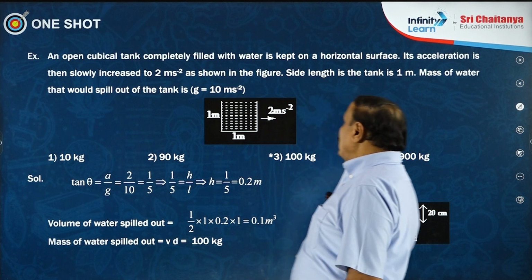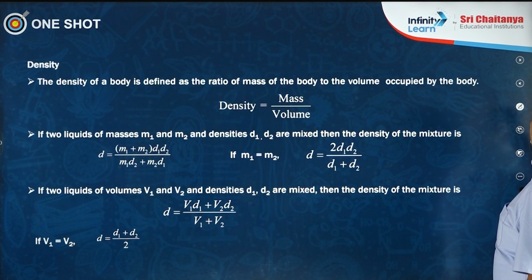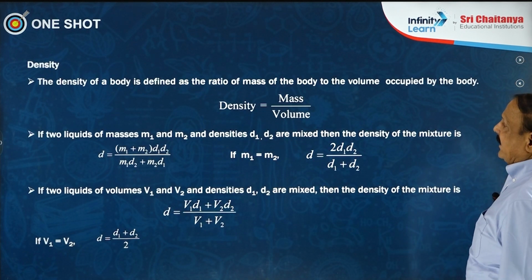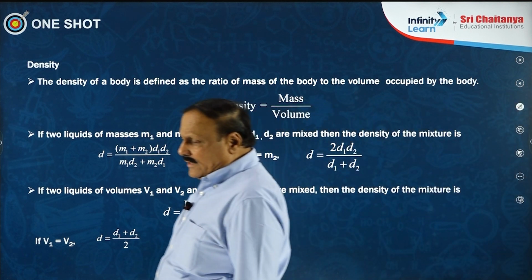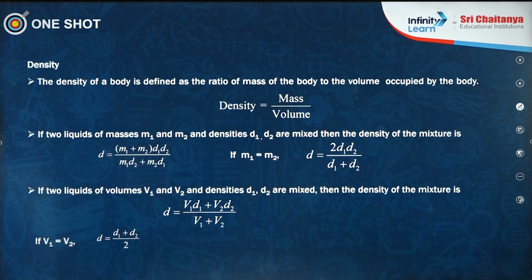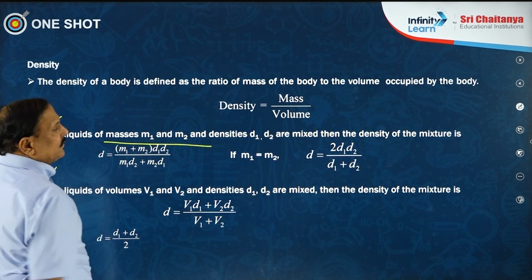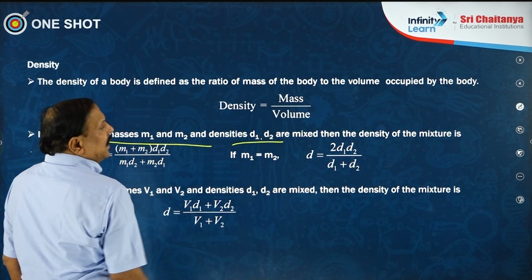Now coming to the next topic, density. Of course every one of you knows that density is equal to mass by volume, but here we discuss two cases. In the first case, two liquids with masses m1 and m2 and densities d1 and d2 are mixed.